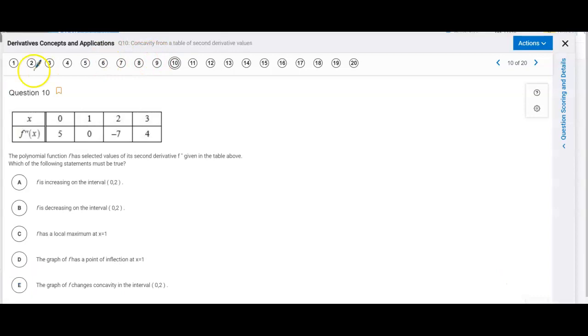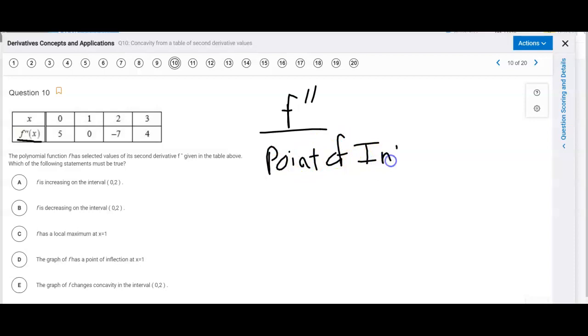All right, so question 10. So we have a table here. Notice that they want to know which one of these statements must be true. Well, they're giving me f double prime. Now, f double prime can only tell us things about f pertaining to points of inflection and concavity.